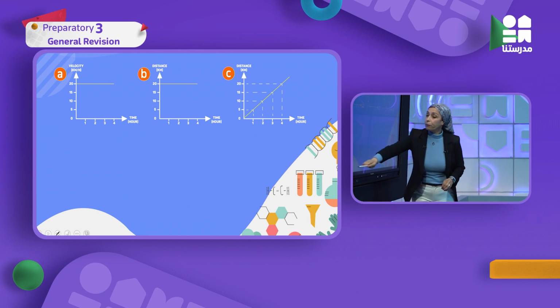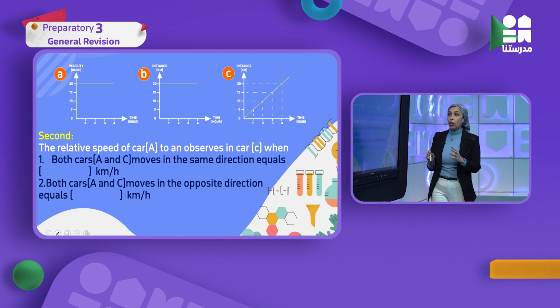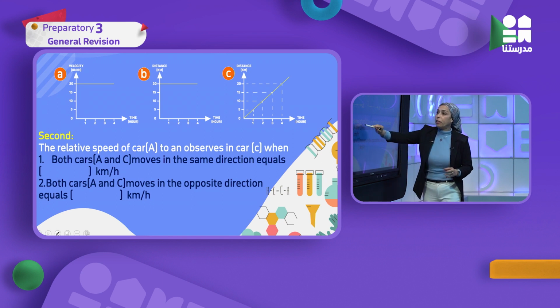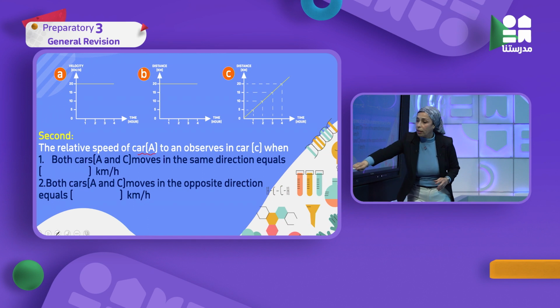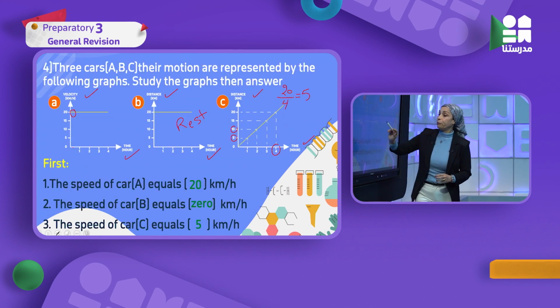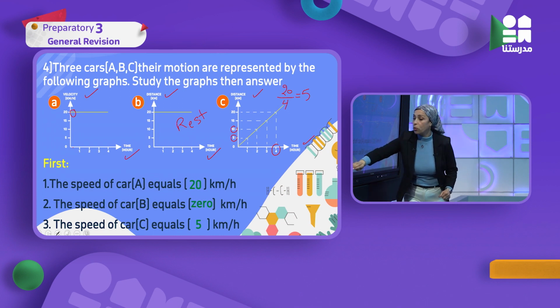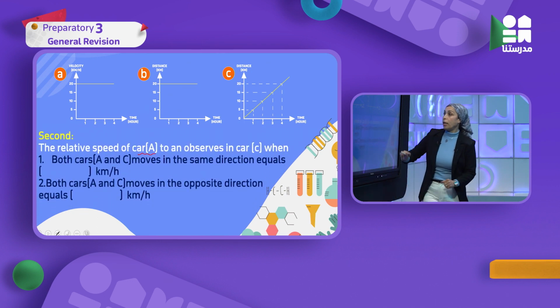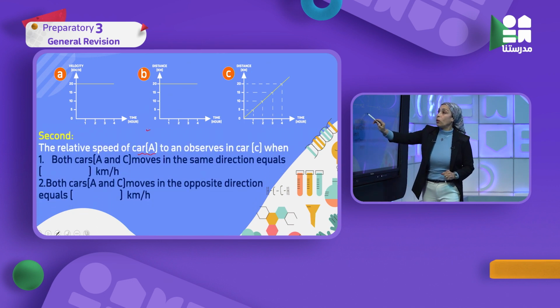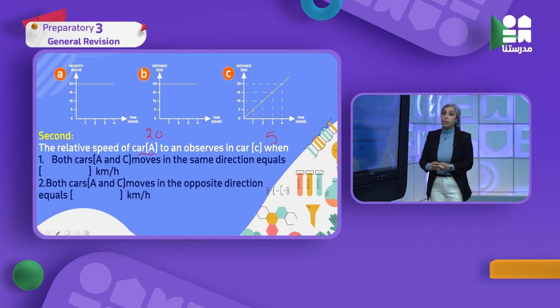Here is another question, a second question on the same graph. He says to me, the relative speed of car A. I found that the speed of car A was 20, and car C is 5, because we're going to see the question here. The speed of car A is 20, and the observer in car C has a speed of 5 from the previous answer.